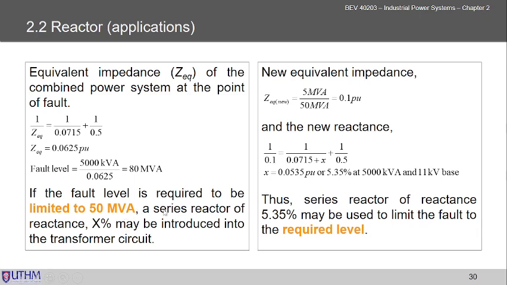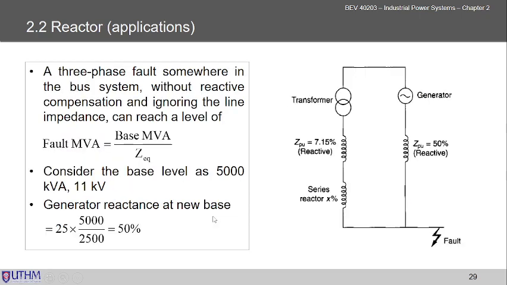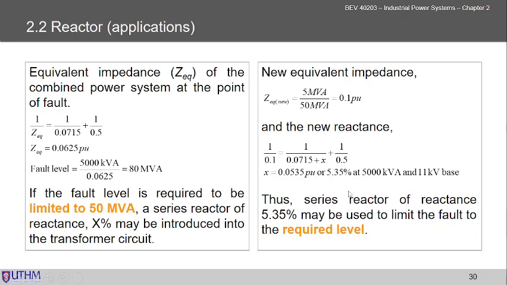So by installing a series reactance like previously, we install a new series reactance just to reduce the fault level from 80 to 50 MVA only. Now we need to calculate back the new equivalent impedance.